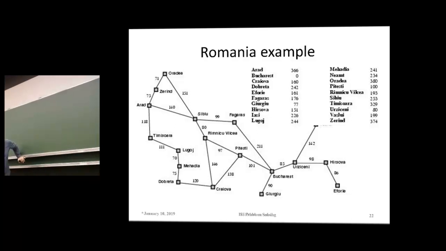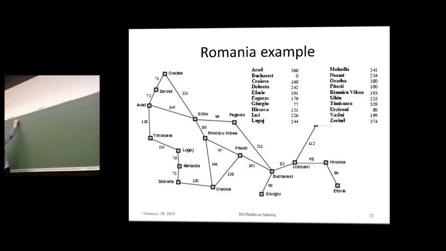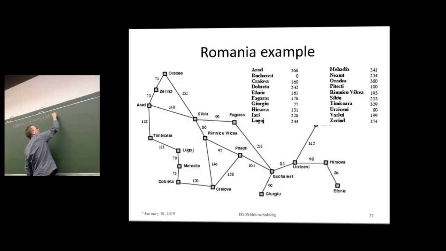We start in Arad, f of Arad is g of Arad plus h of Arad, and that is 0 plus 366, is 366. Okay.